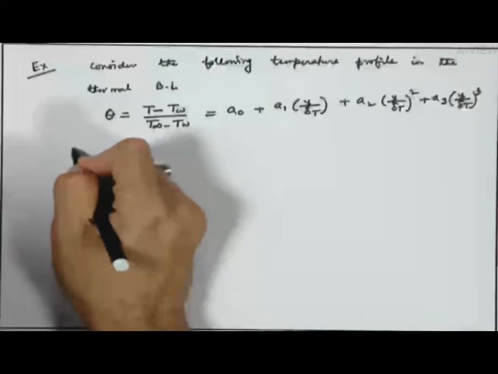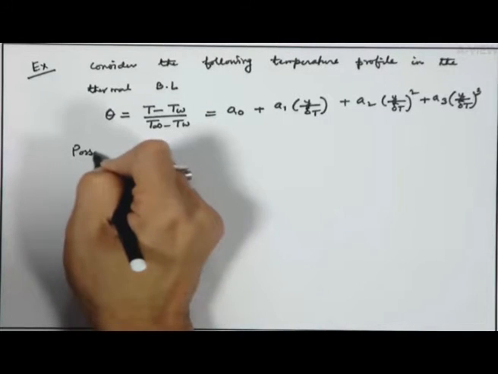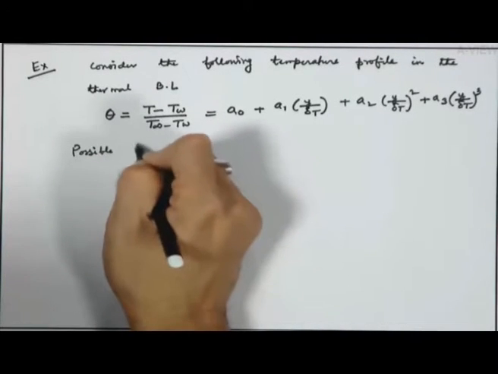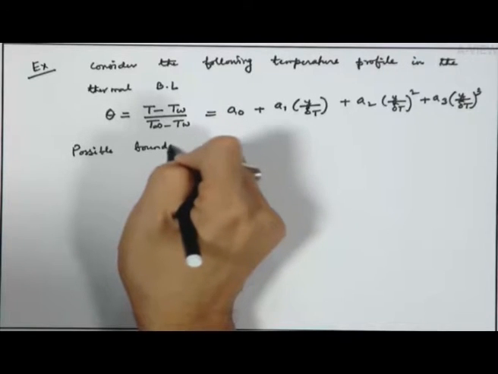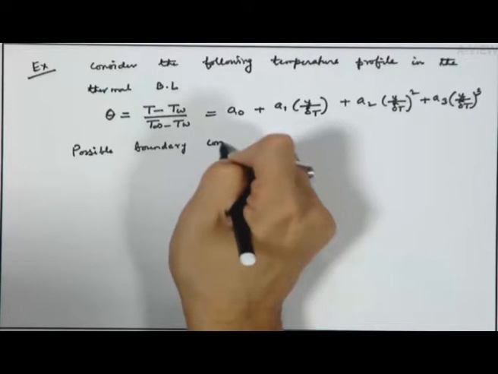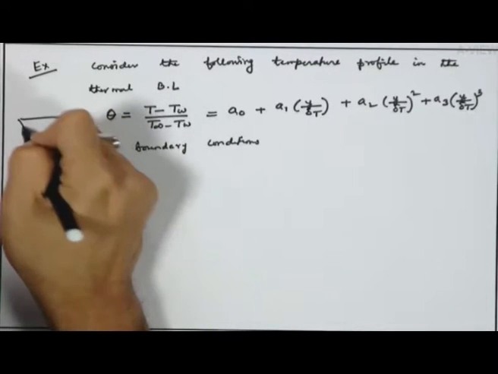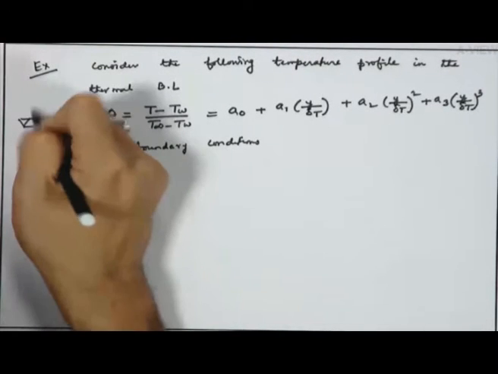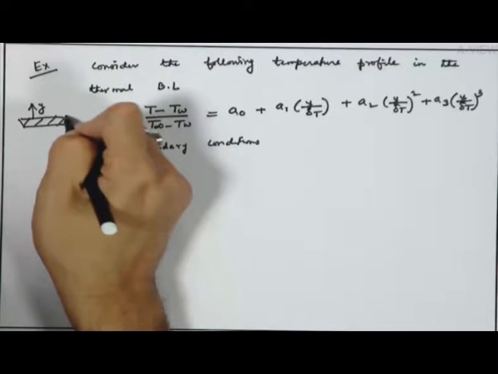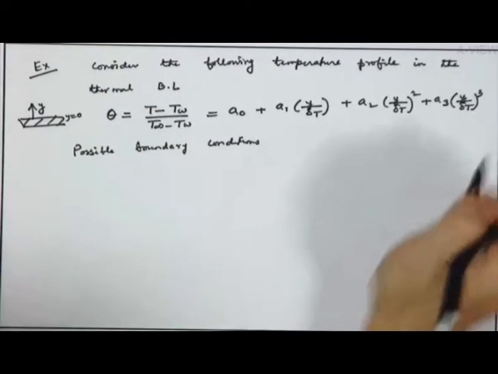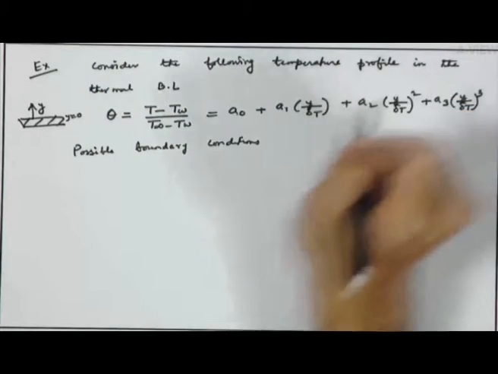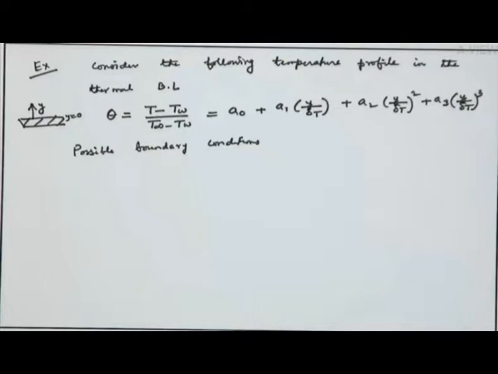So, what are the possible boundary conditions? The physical situation is you have wall, this is y, so this is y equal to 0. Possible boundary conditions.